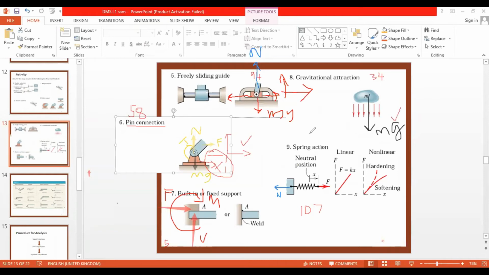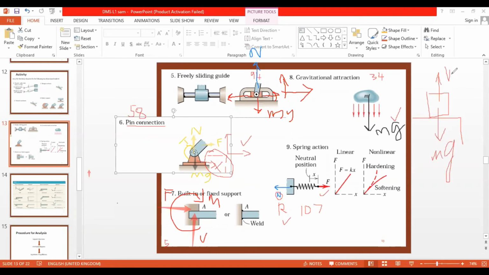And for the spring action, there is applied a force F. F is equal to Ks, it's mentioned, so there's a force F, that's fine. There will be a reaction, that reaction is also fine, but the only thing is, for the spring joints, we will not mention the reaction as N, we will mention it as R. N is usually used if there is a normal reaction from a surface and probably with the mass.